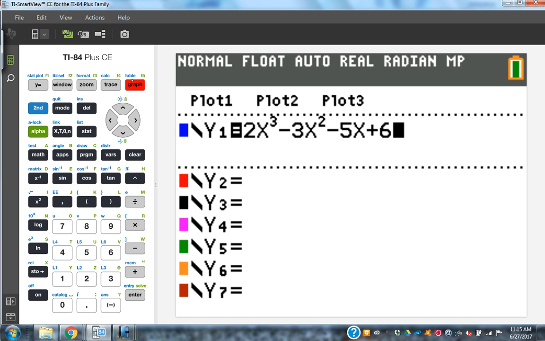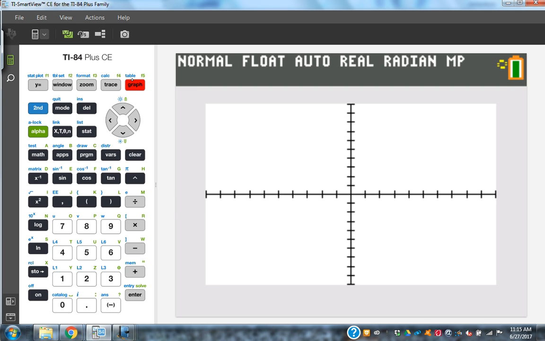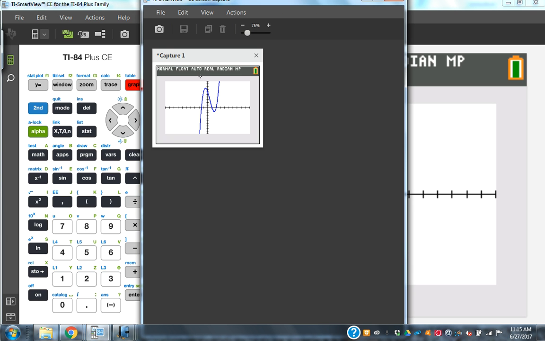And then graph. And this is what I'm looking for. I'm looking for where it's crossing the x-axis and what that could do for me to help me get the zeros for this polynomial. So grab that graph, bring it back to our notes.